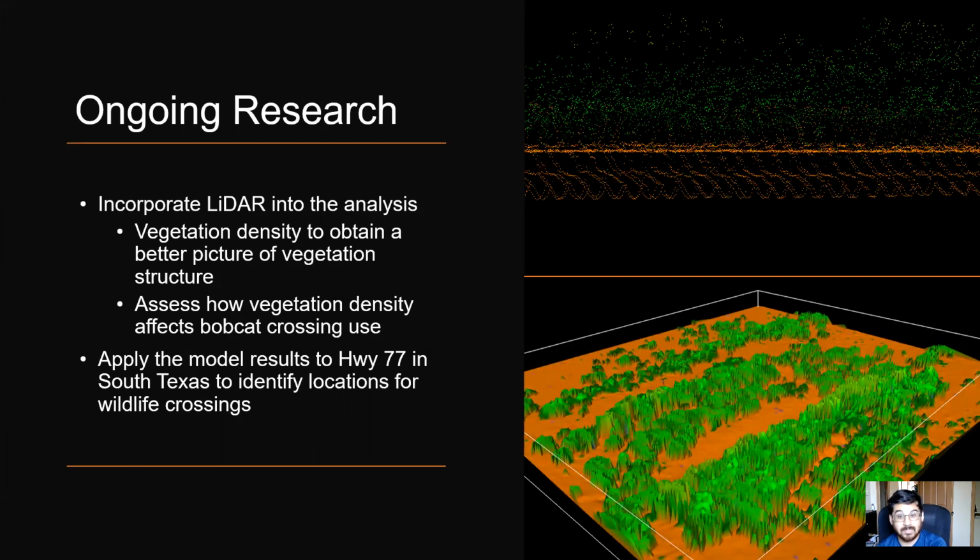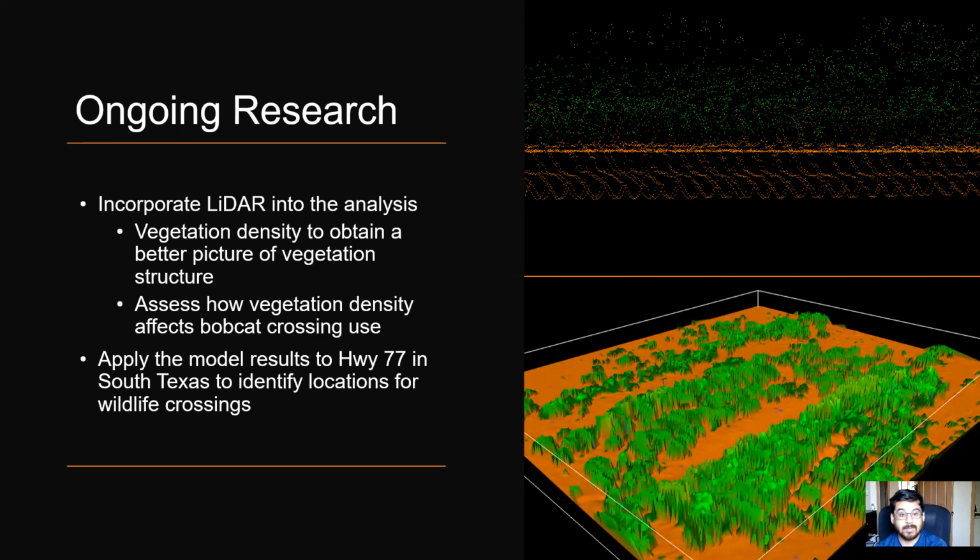This research is still in progress. We're still working on including additional variables. The main one that we want to include is LiDAR data so that we can examine how the density of the vegetation, or the thickness or horizontal cover, depending on what language you want to use, compares at crossings to available sites, as well as how this could affect bobcat crossing use.